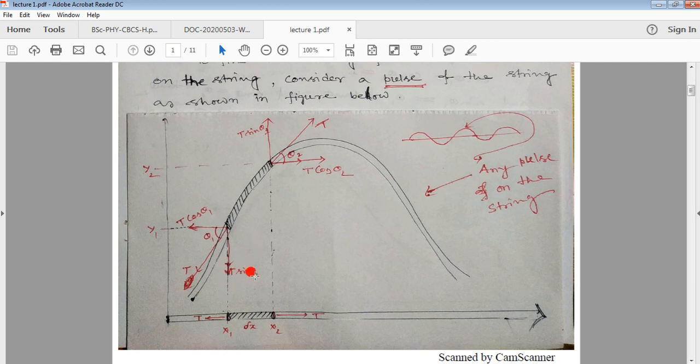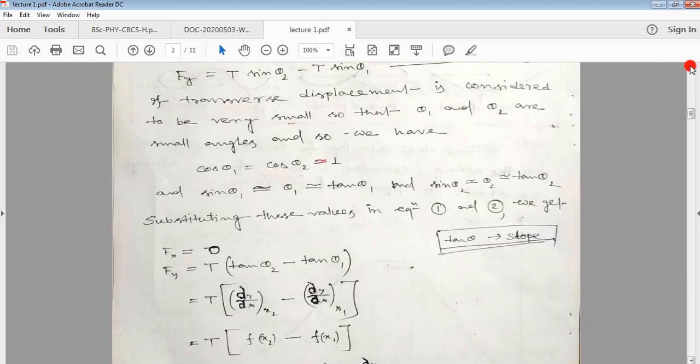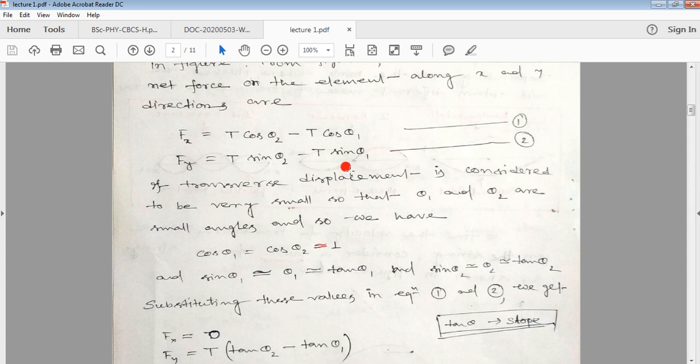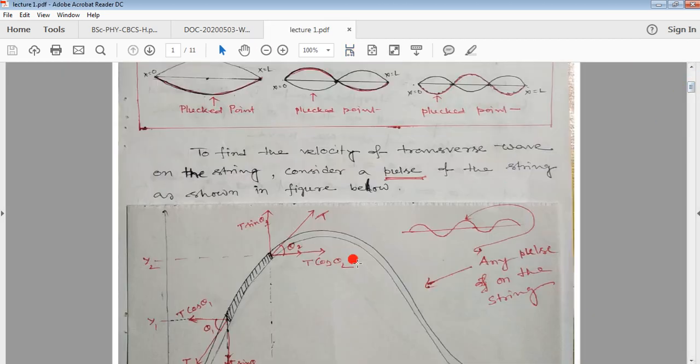So the resultant y directional force is T sin theta 2 minus T sin theta 1. So if the y directional force or transverse force needs to be 0, then we must have T sin theta 2 minus T sin theta 1 be 0.